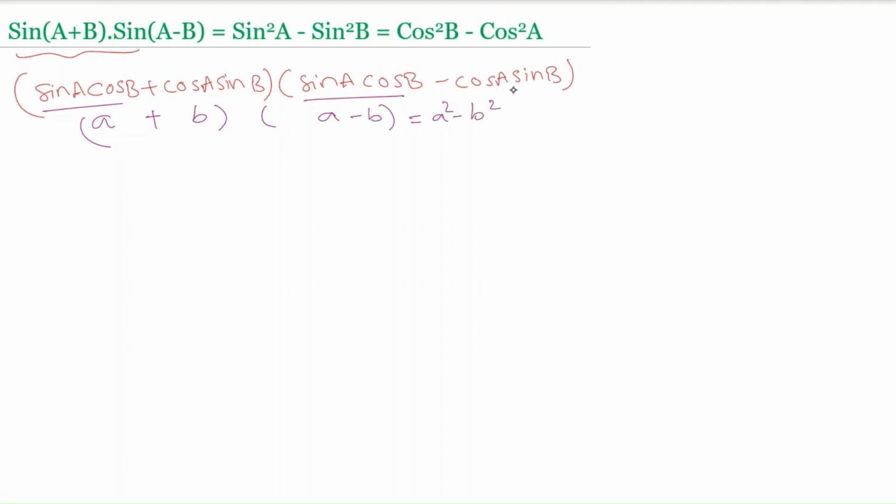So a is nothing but sin A cos B whole square, minus b square, that is cos A sin B whole square.